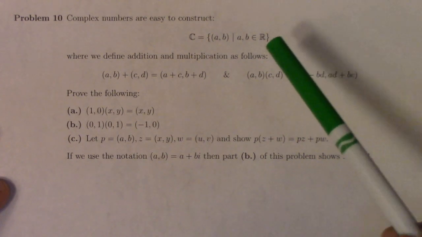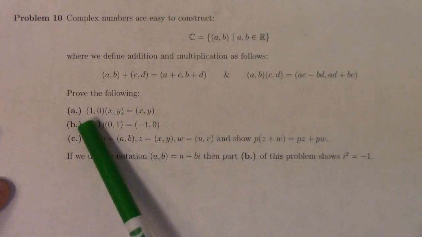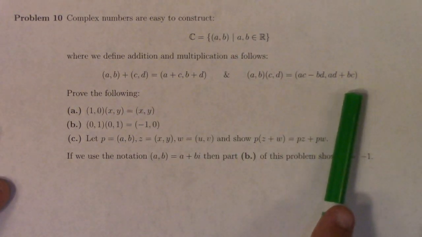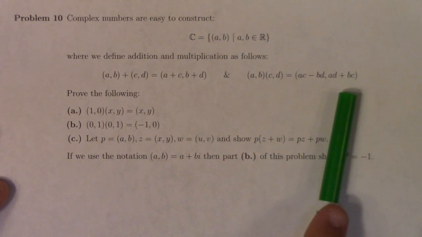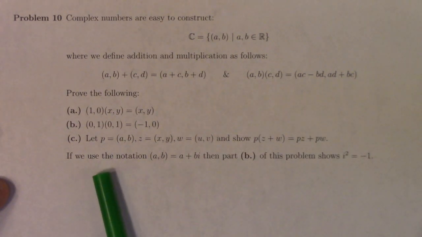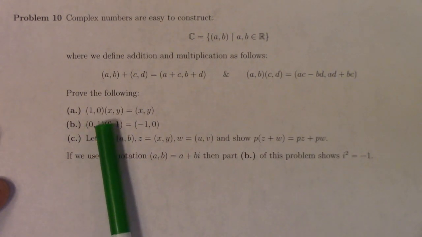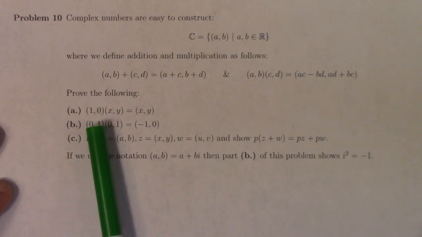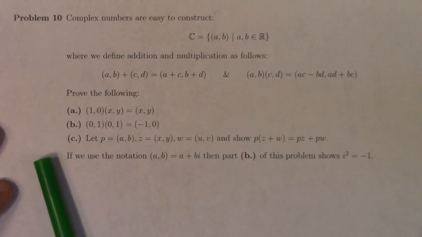Anyway, for complex numbers, you can define them as just pairs of real numbers with a funny multiplication. And this funny multiplication has some really neat things. First of all, (1, 0) times (x, y) is (x, y) again. So that means the pair (1, 0) is basically functioning like the number 1.